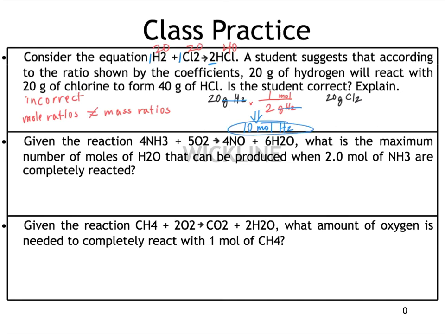In order to figure out how many moles of chlorine we have, we need to figure out how much 1 mole of Cl2 would weigh. So 1 mole of atoms of Cl would be about 35 grams, but if you multiply that by 2, it's going to be much closer to 70. So that'll be 70 grams per mole for Cl2.